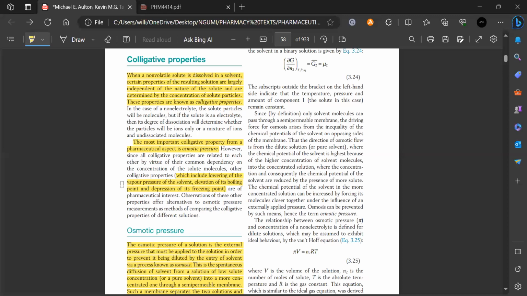So basically, what are we saying? We're saying that osmotic pressure is mainly determined by the solutes. Likewise, the vapor pressure, boiling point, and freezing point will also be determined by the solute within a solution, provided it's non-volatile.